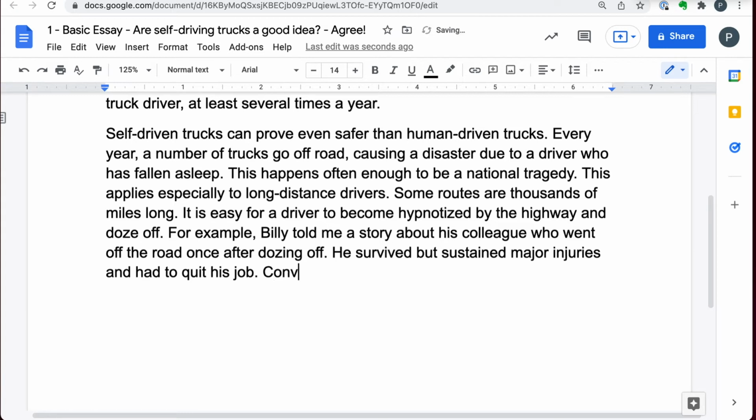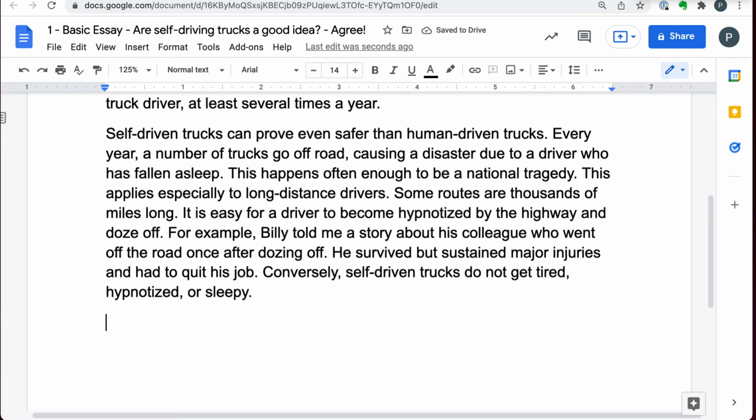Conversely, self-driven trucks do not get tired, hypnotized, or sleepy. Now, I'm not going to address a counter argument here.